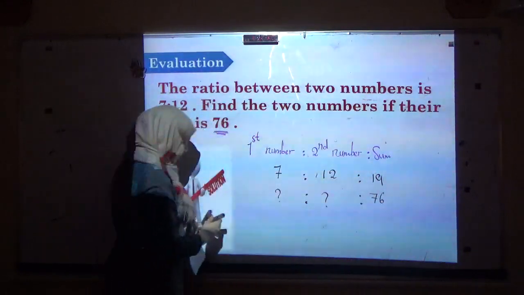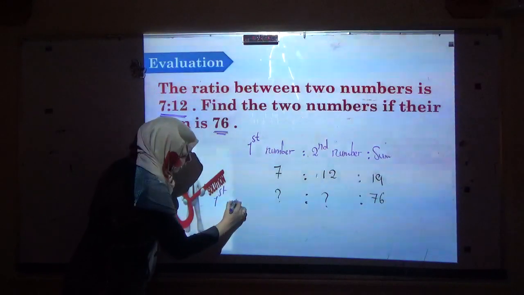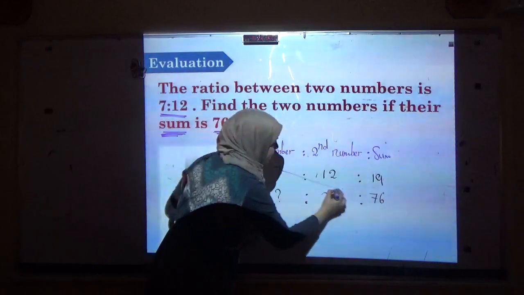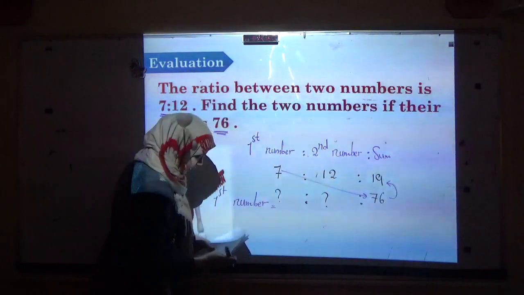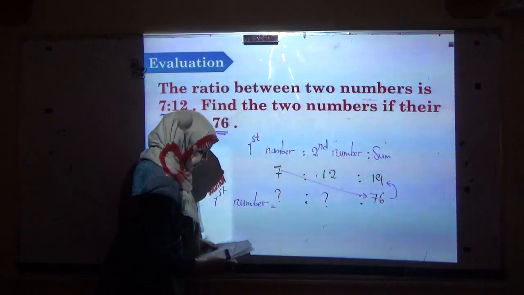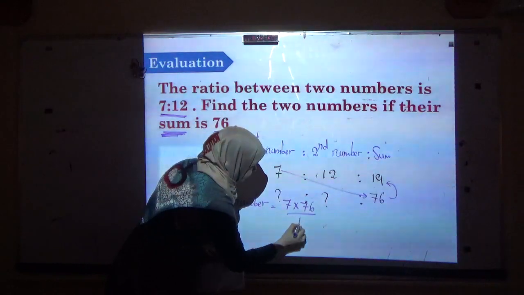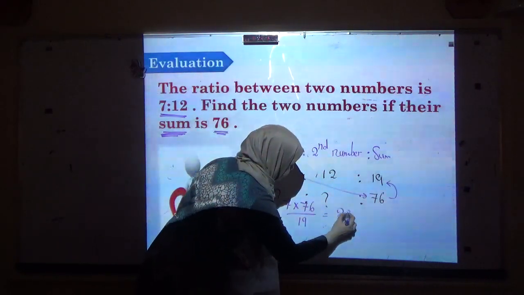Now we can make cross multiplication to find the first number. First number equals 7 multiply 76 divides 19, equals 28.